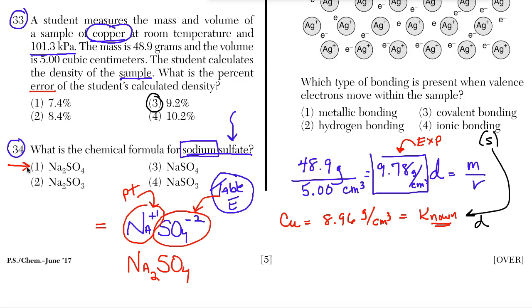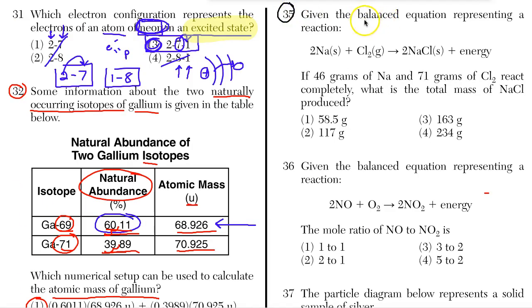On to number 35. Given the balanced equation, look at the energy on the product side, screaming exothermic. I know, it's just fun to say that. If 46 grams of sodium and 71 grams of chlorine react completely, my advanced students, if it's reacting completely, both of these are limiting.